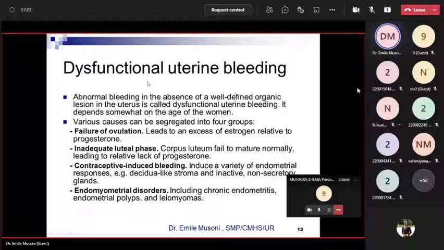This one is called, in general, as you will see in your practice, dysfunctional uterine bleeding, because you see bleeding, but you can't identify clinically the cause. This is what is called dysfunctional uterine bleeding.